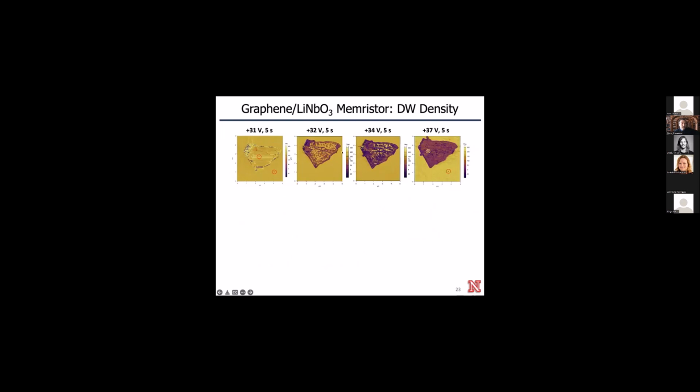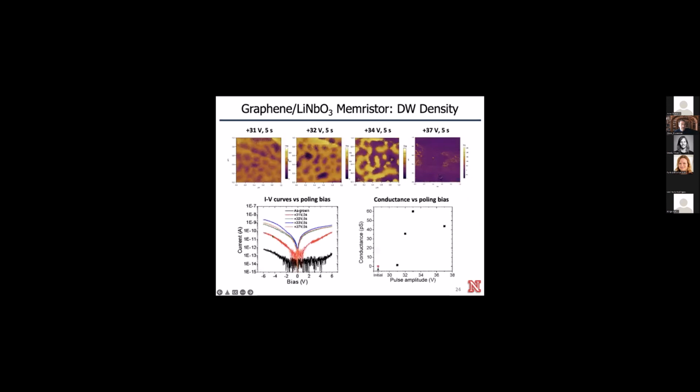You can guess that these structures should have very different conductance, which was also visualized in high magnification PFM images, and the corresponding IV curves show that indeed, if we have a single domain state, then we almost have no conductance across this device, but with the appearance of higher and higher density of domain walls, we have high conductivity. But at some point, the conductance starts to decrease, because at this high voltage, we start to move to the single domain state.